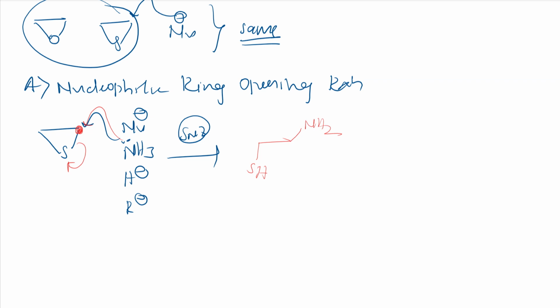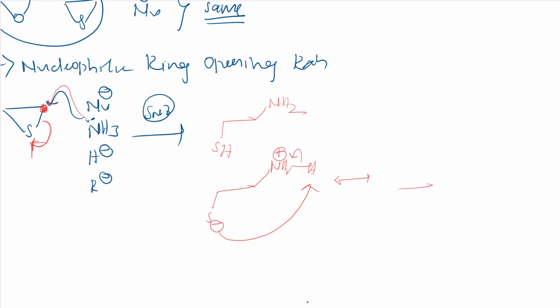Sulfur will have a negative charge as soon as the bond breaks, and this nitrogen will have NH2H plus charge, so it will take this proton. I call it proton exchange, or simply fast proton transfer. It is very fast, so we call it H plus transfer. I hope you know these things, right?